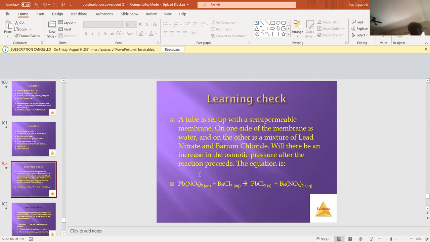Barium chloride. How many barium atoms? 1. How many chloride ions are produced? 2. So I've got 3 particles from the lead nitrate, 3 particles from the barium chloride. So I've got 6 particles on the left. Now, the lead chloride, does that deliver any ions into solution?